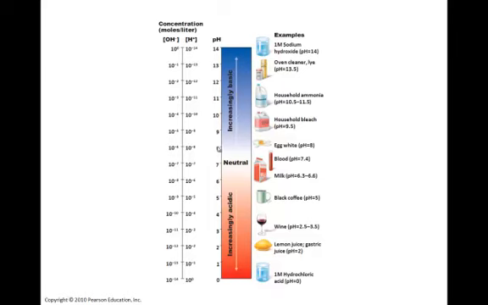Now, as we go up on the scale, you're taking away hydrogen ions. So a pH of 12 compared to a pH of 11 has 10 times fewer hydrogen ions. So we're working on a logarithmic scale. You're taking away hydrogen ions as you go up, and you're adding hydrogen ions as you go down.